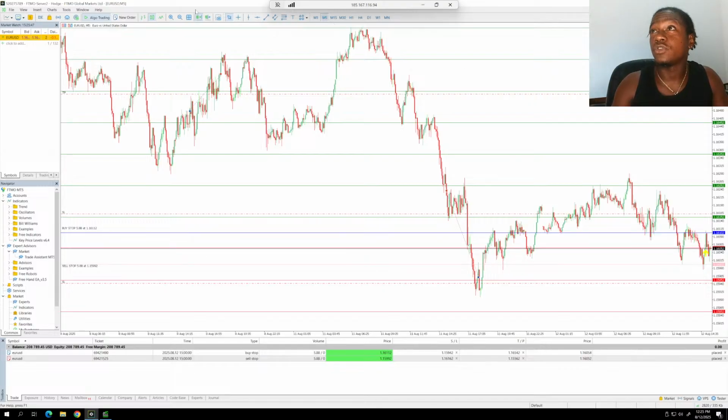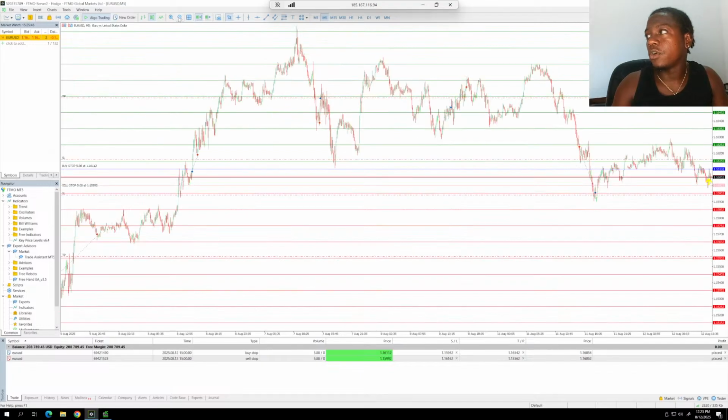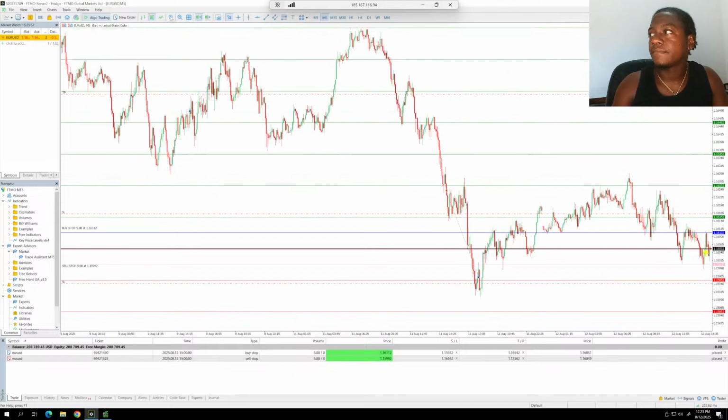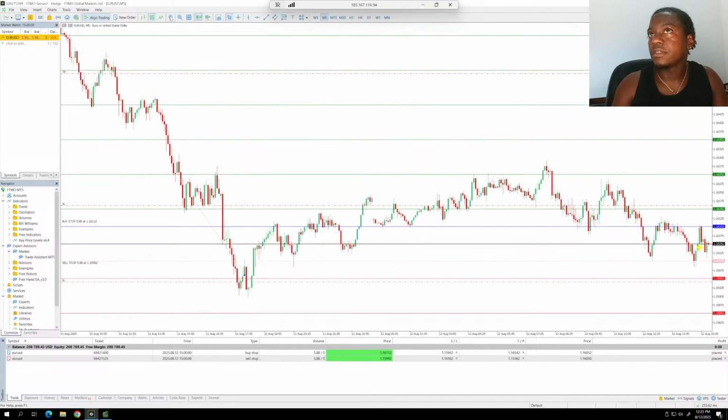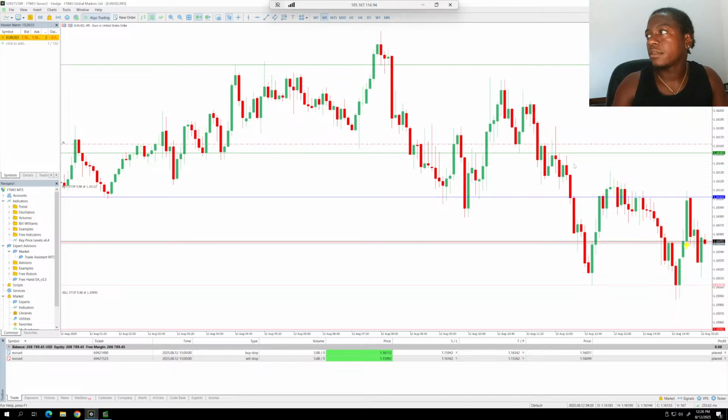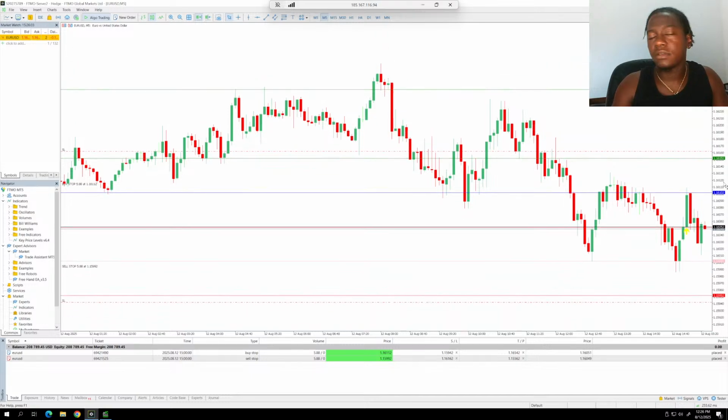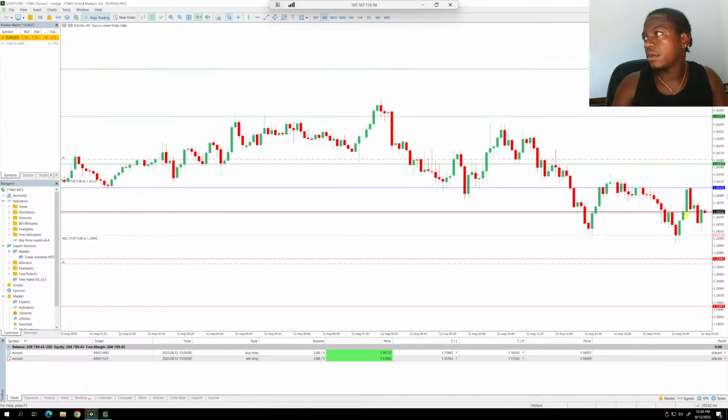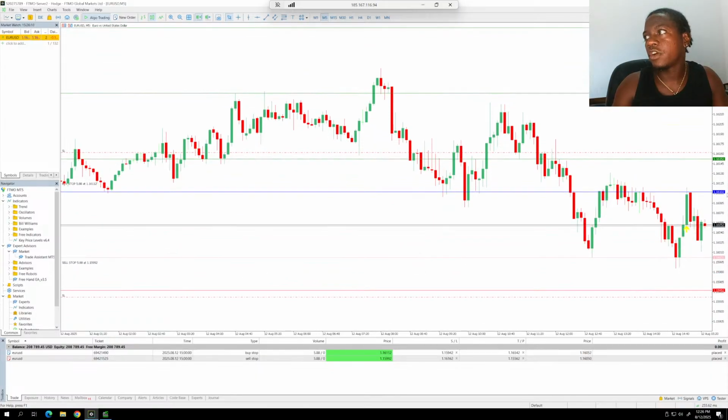Let's zoom out. I don't like the look of it. I want to see the spread activity. All right, I think this is good. 5 minute chart with the zoom like this.